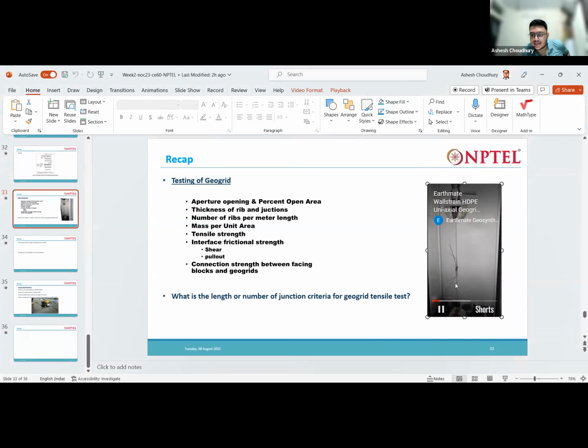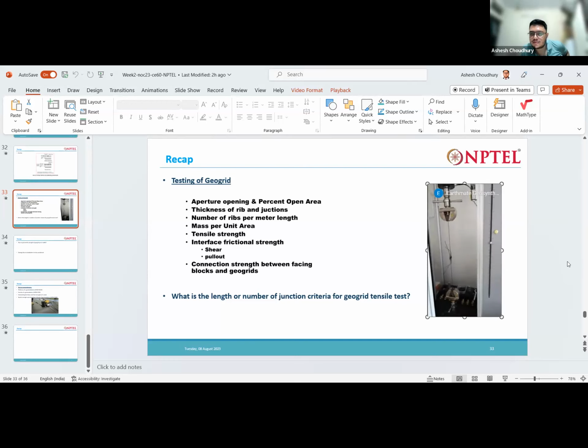So see, this is the clamp, and you can see one rib of the geogrid is being tested. Okay, this is one rib. The other ribs are cut. We are just testing a single rib. So we are pulling, and then suddenly it will snap.